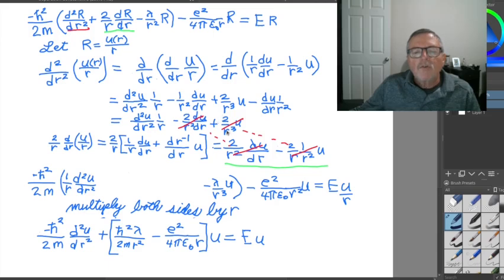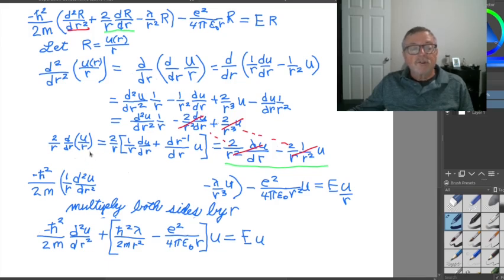Plus 2 over r cubed u. Once we get to the bottom here, we probably want to take a big break before we go on. At least I do need that.